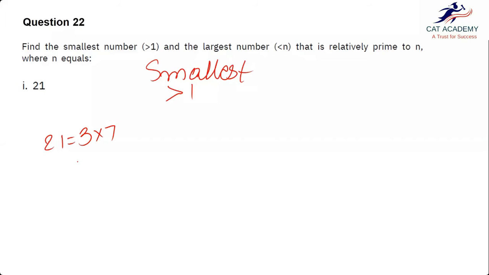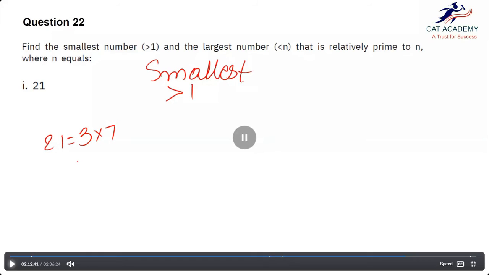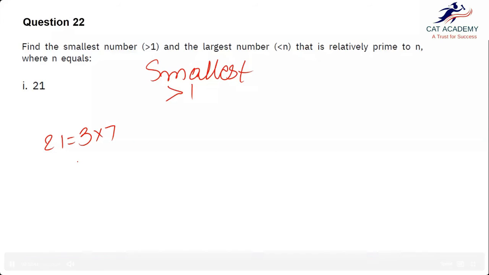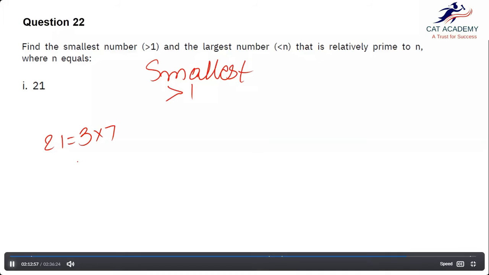So, what is something that does not have any common thing with 2 and 3 and a 7? What is something that is smallest and does not have anything common with 3 or a 7? Smallest possible such number is 2, as it does not have anything common with 3 or a 7.